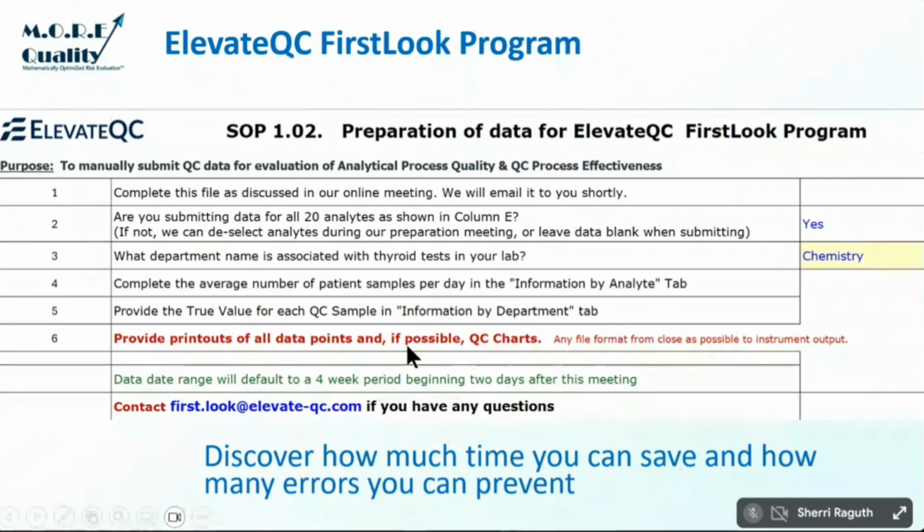Provide printouts of all data points and, if possible, QC charts in any file format you like. The date range defaults to 4 weeks, beginning 2 days after your meeting. And that's as simple as it is. It takes you half an hour, and you'll find out how many medically unreliable results you can avoid per year and per QC failure.